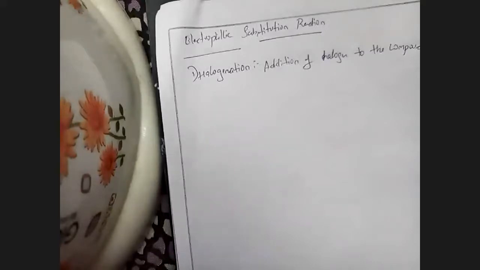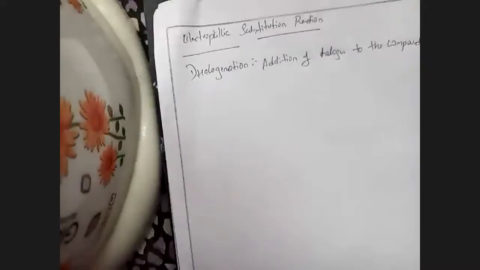Just write on your paper and show me on screen. I'll pin your video, you can click on that pin video and show it to me. Just write an example for halogenation. Just try, I will write it.